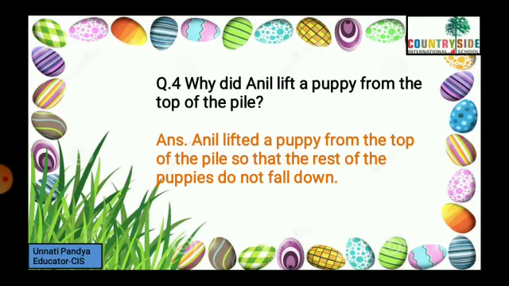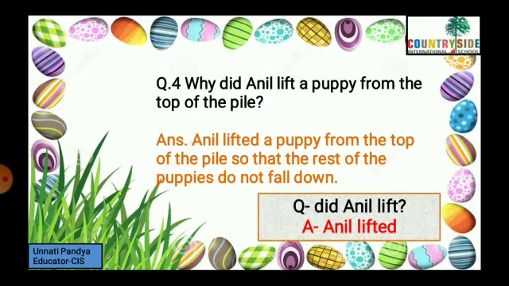What did we change in the answer? In the question it is given, did Anil lift? Instead, in the answer, we will frame it as Anil lifted. Why? Because when did and lift join together, they will vanish, and instead we have to write lifted. Instead of did lift, we say lifted. And then you add the answer to it. And then put a full stop in the end.